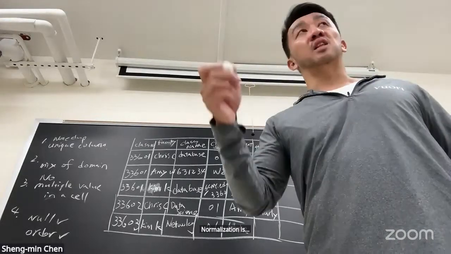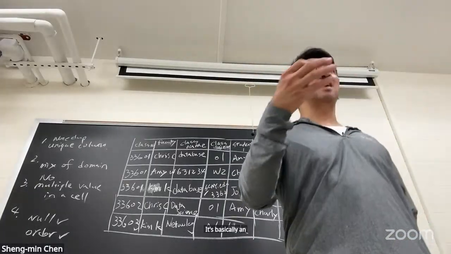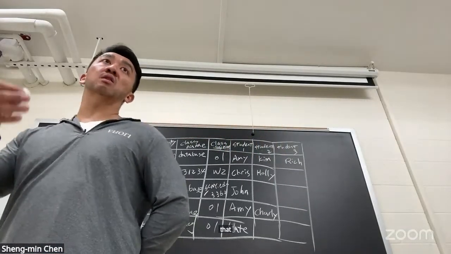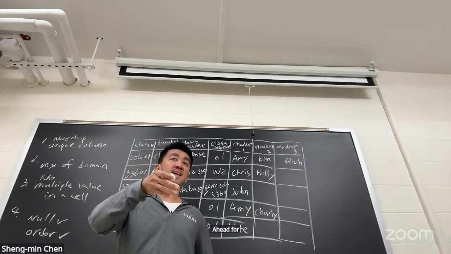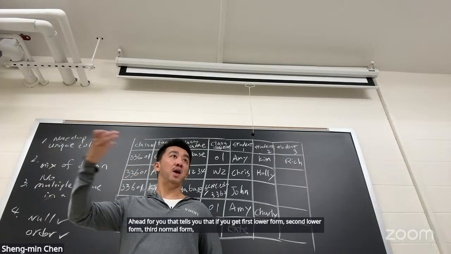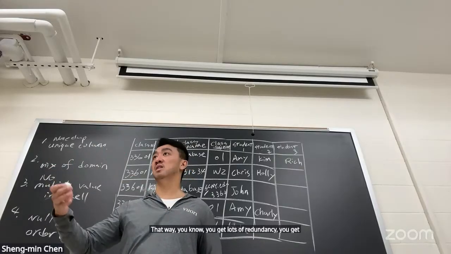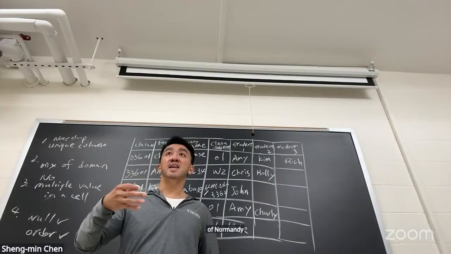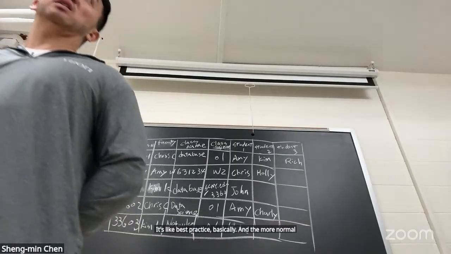It's basically best practice, an experience gathered over time, that eventually all these scholars of database figured out. If you get first normal form, second normal form, third normal form, you get less redundancy, less of any type of violations or abnormality, right? But it's like best practice, basically. And the more normalized, the less redundancy there is.